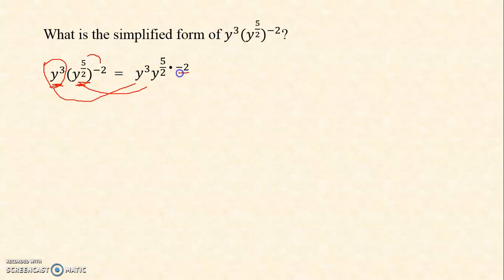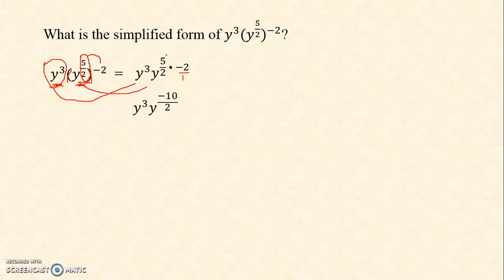What is the denominator of 2? That is 1. Again, as what I have told you, you are just going to multiply this exponent by negative 2 because it is inside the parenthesis. So you now have there y raised to 3.